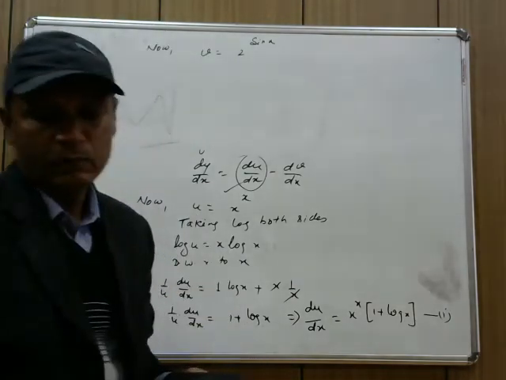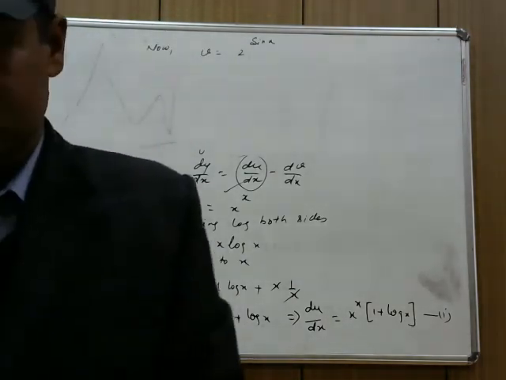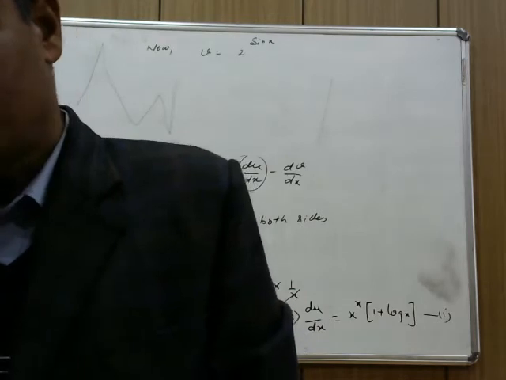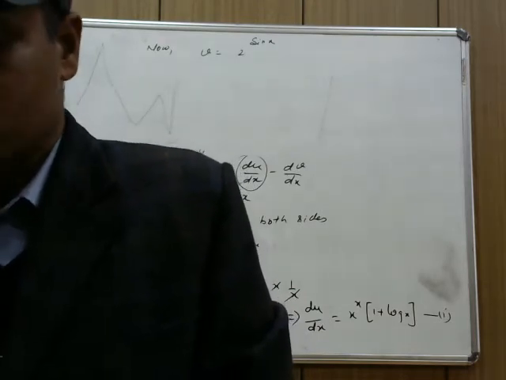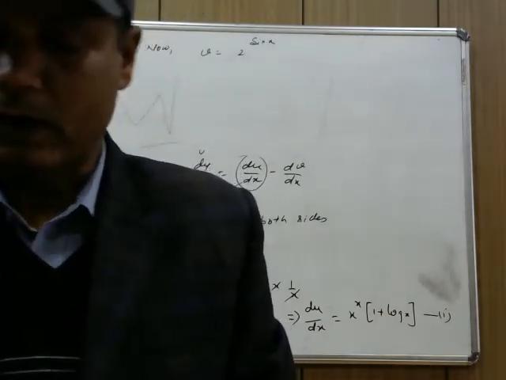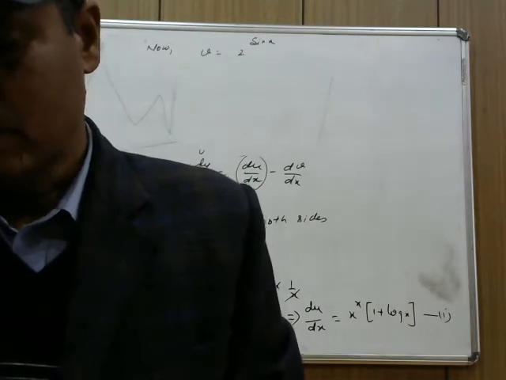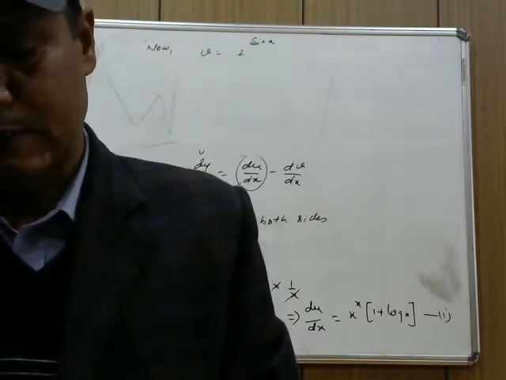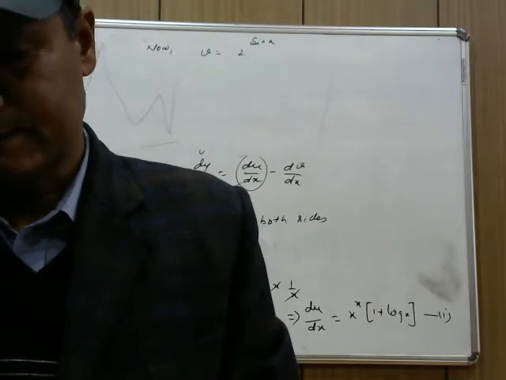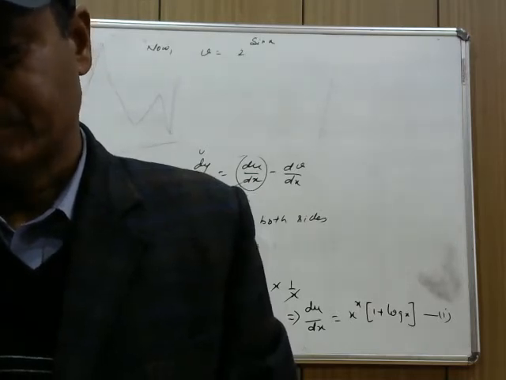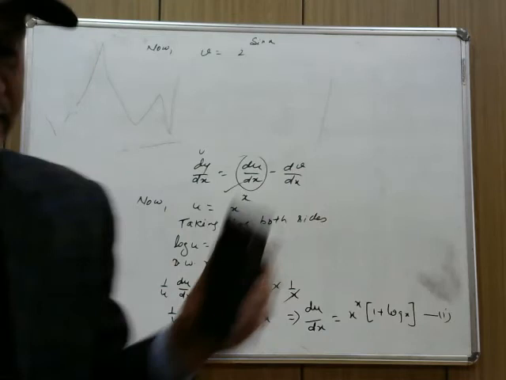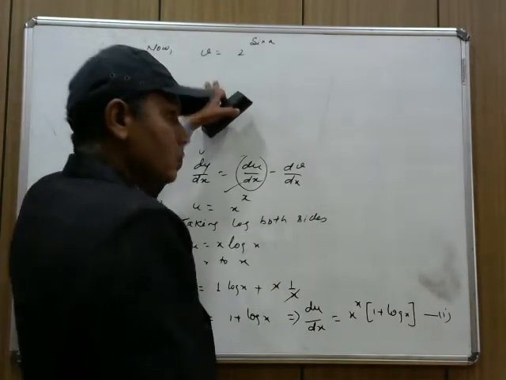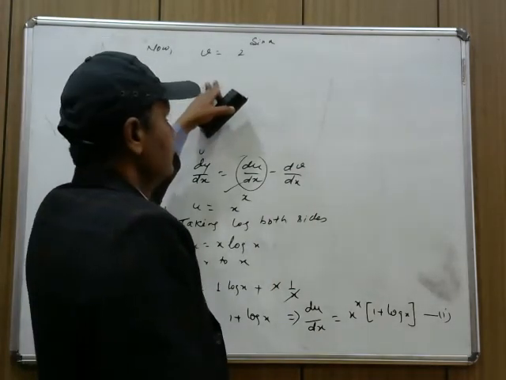Can I apply log on both sides, or we can go without log also, because you know the differentiation of a to the power x is a to the power x into log a. Therefore, this part we can do without taking log also.